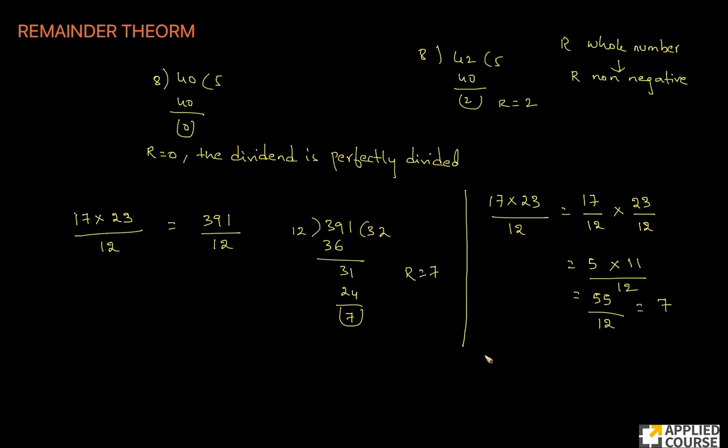Shall we do one more example? Find the remainder for 11 into 12 into 13 into 14 divided by 5.